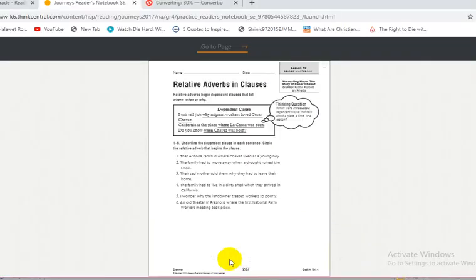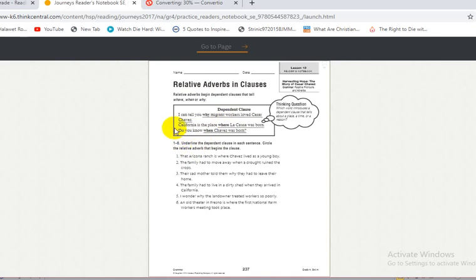I can tell you why migrant workers loved Cesar Chavez. So why here is our relative adverb, and it tells us why, right? So I can tell you why migrant workers loved Cesar Chavez.